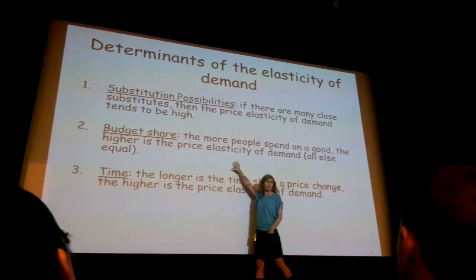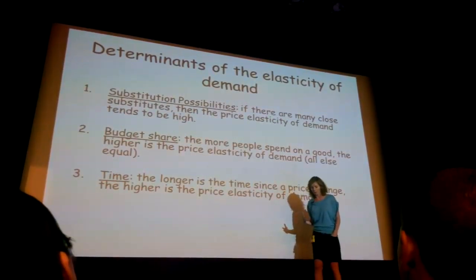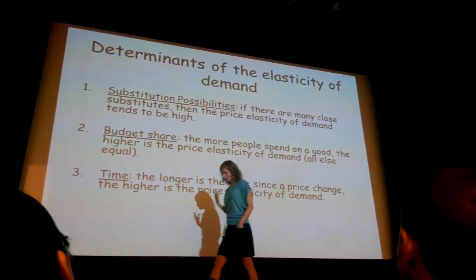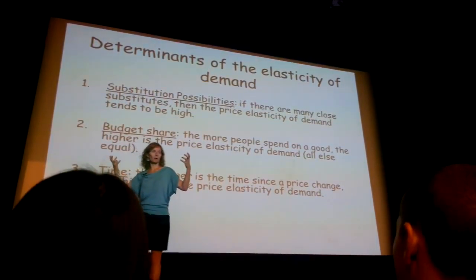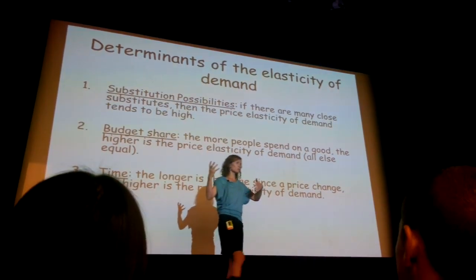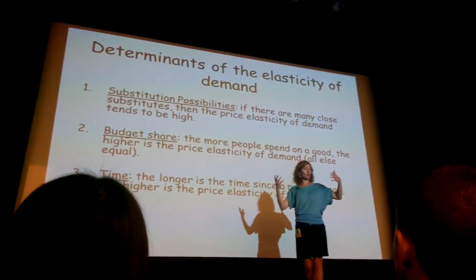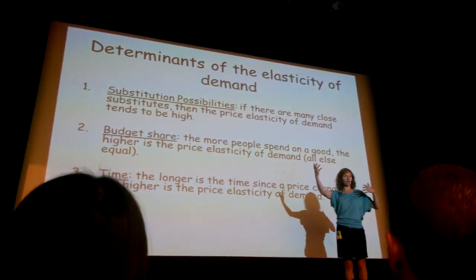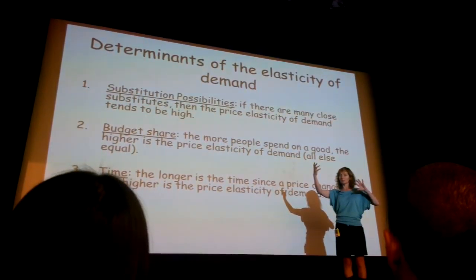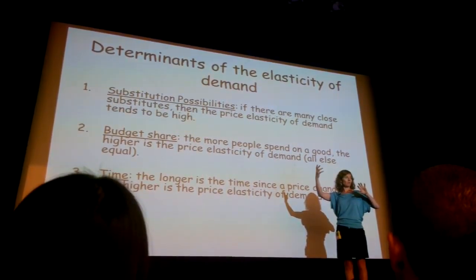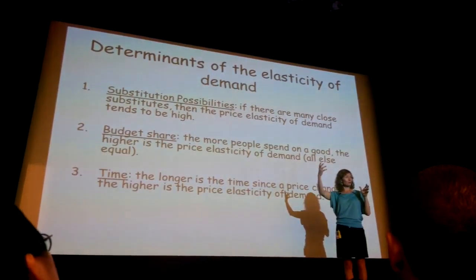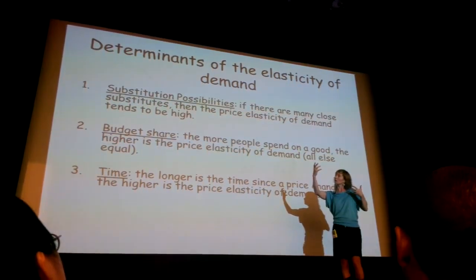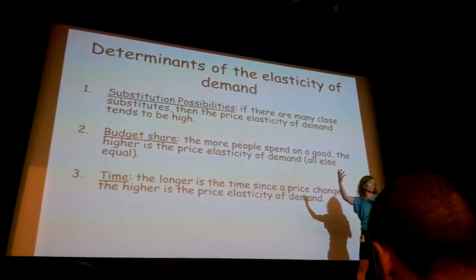So let's think about this: compare the elasticity of demand for gasoline among the high-income population versus the low-income population. The low-income population spends a much larger fraction of their income on gasoline than does the high-income population. And so you might expect that the elasticity of demand for gasoline would be higher among the low-income population, because when the price of gasoline goes up, it affects their budgets even more severely than it does the high-income population.